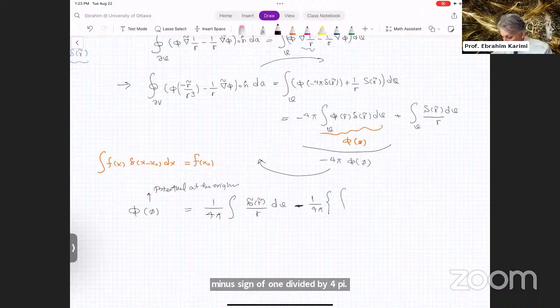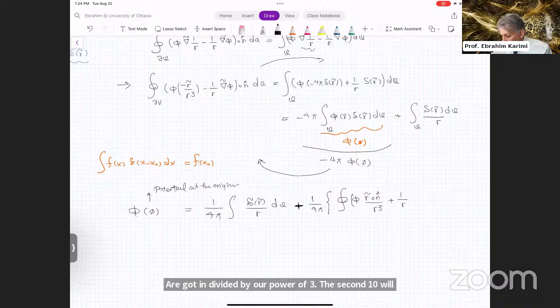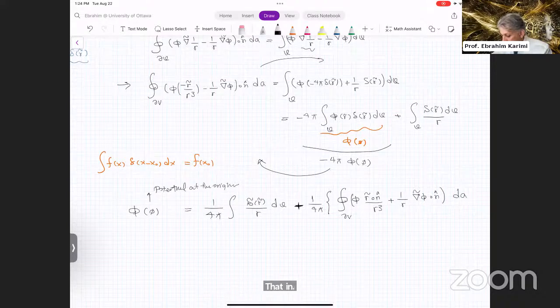Then I have the integral of, the first term will be phi, the minus sign goes away, I will write it as a plus, so it will be phi r dot n divided by r power of 3. The second term will be 1 divided by r gradient of phi dot n dA. That's on the surface, and that's on the volume.